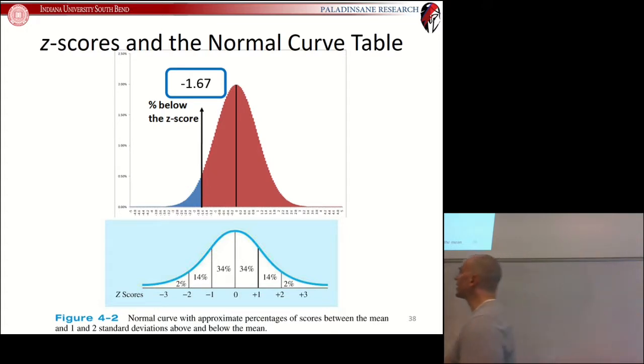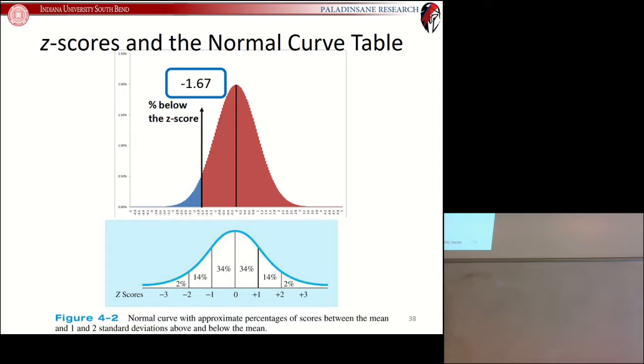So what this figure is saying here is that between a z-score of 0 and minus 1, that's approximately 34% of the distribution. Between a z-score of minus 1 and minus 2, that's approximately 14% of the distribution. And I don't know why they have that minus 3 there.